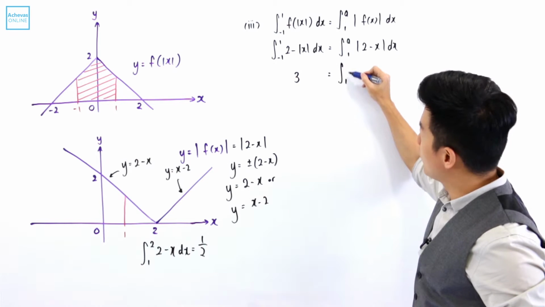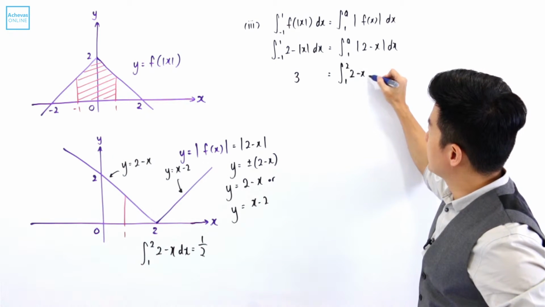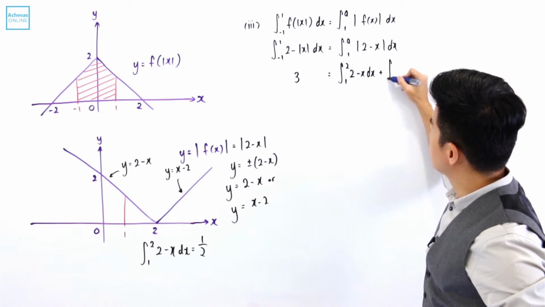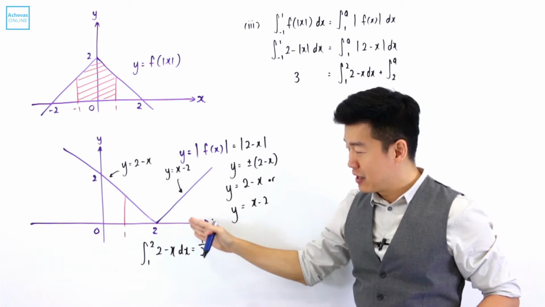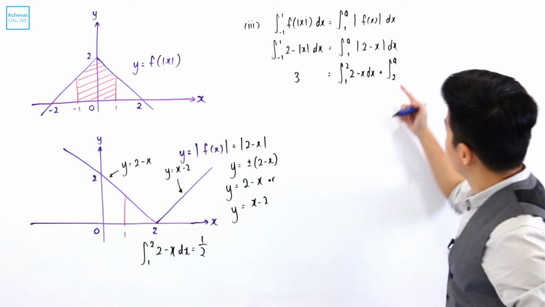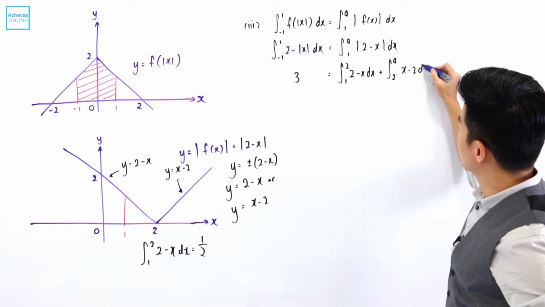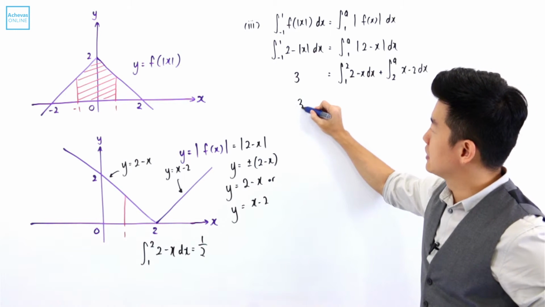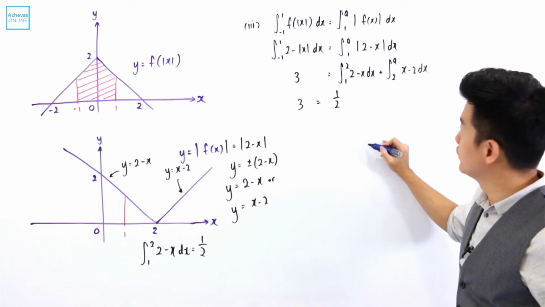One is from 1 to 2 of this graph, 2 minus x dx, plus integration from 2 to a, because a must be bigger than 2, of this other graph, which is x minus 2 dx. This is 3. This we have already pressed into our calculator. It is 1 over 2.